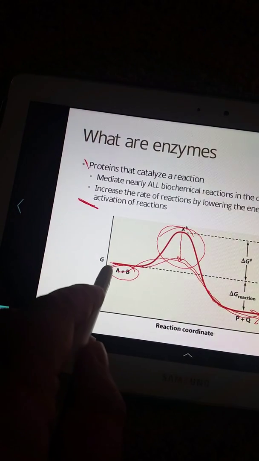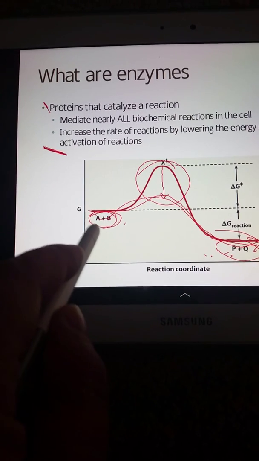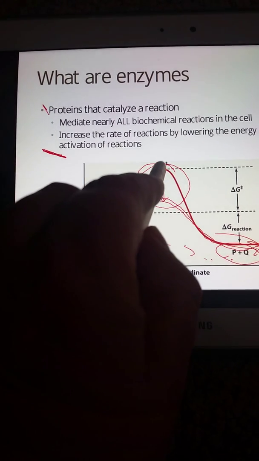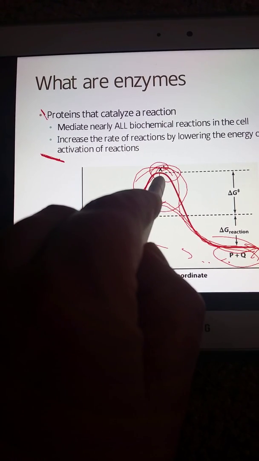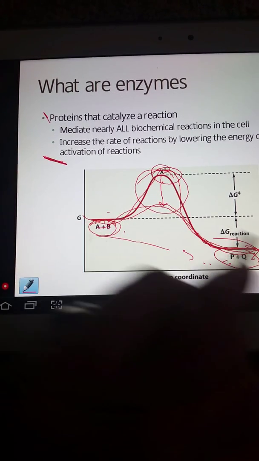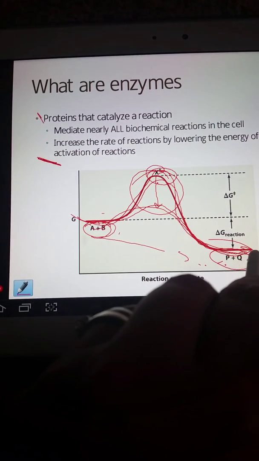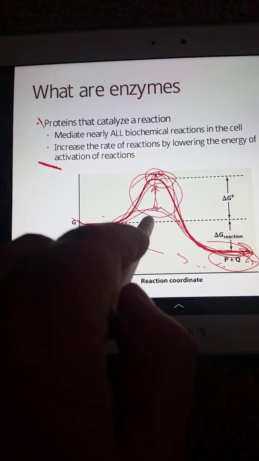So as we can see here, this reaction is exergonic, meaning that the energy levels of the reactants are higher than the energy levels of the product. So we know this reaction is spontaneous in this direction, but because it has such a high energy of activation, i.e. our transition state is a much higher energy than both the reactants and the products, this reaction will occur very slowly or may not occur at all in order to overcome this energy barrier.